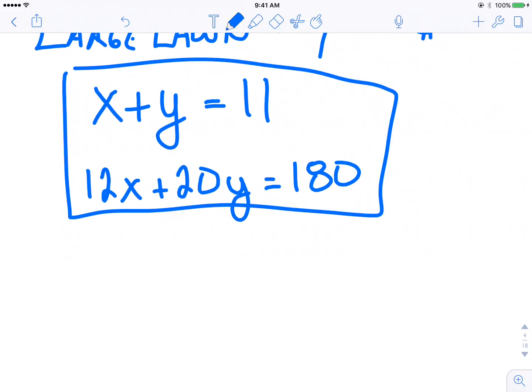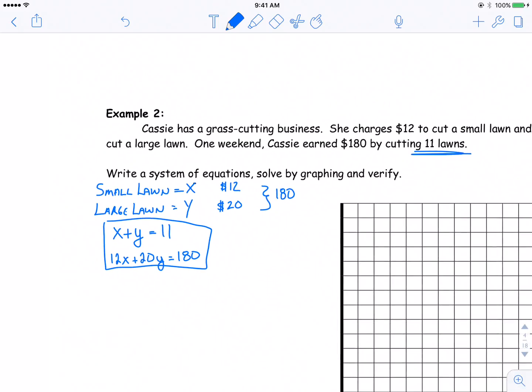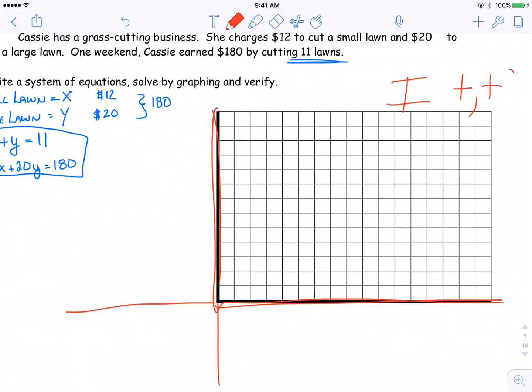Now for me, it doesn't say to use X or Y intercepts or not to use them. I do know that if I'm going to be using anything other than X and Y intercepts, I have to be careful, because with this question, there are no such things as negative values. I can't have a negative number of small lawns. I can't have a negative number of big lawns. So I'm only using this first quadrant, in which both the X and Y values are positive.